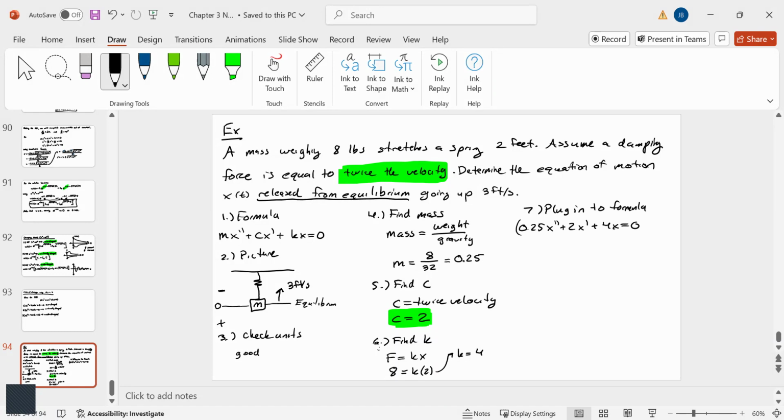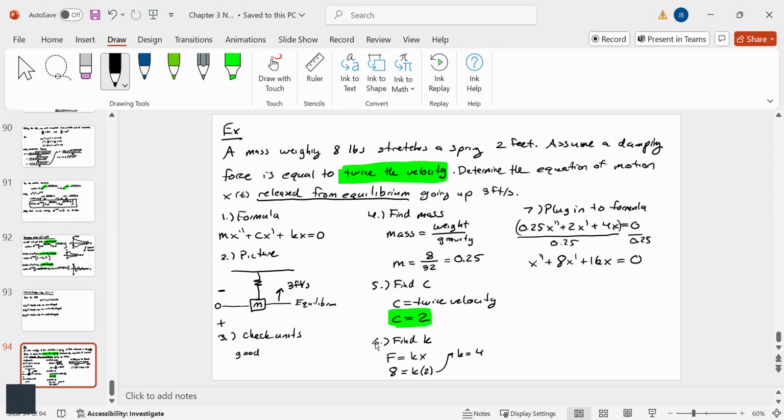That's a little trick for you. And according to my calculator, I would get x double prime plus 8x prime plus 16x equals 0. Nice differential equation, right?